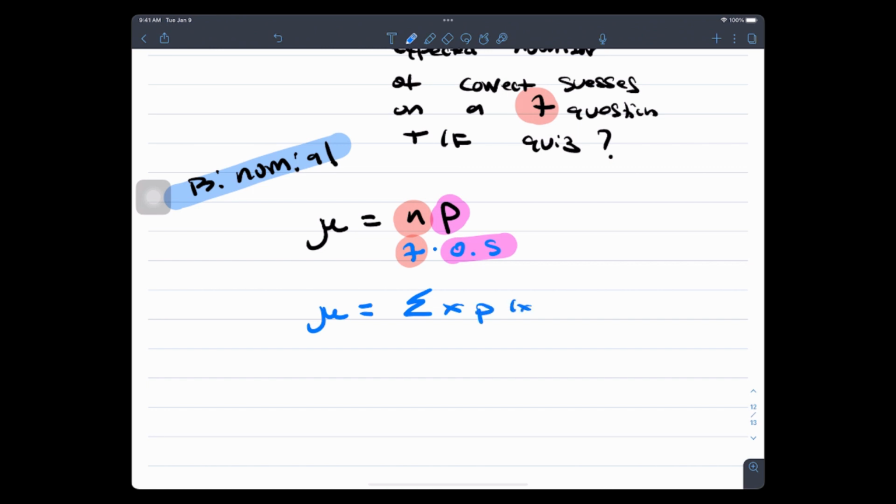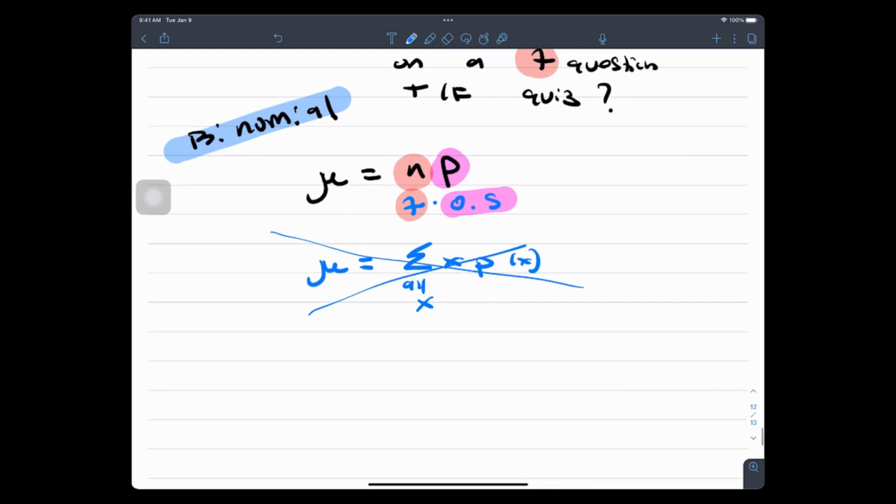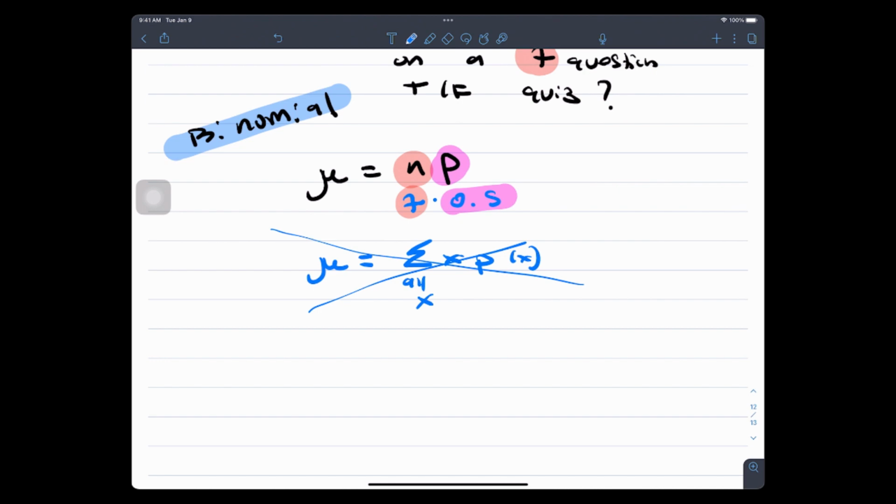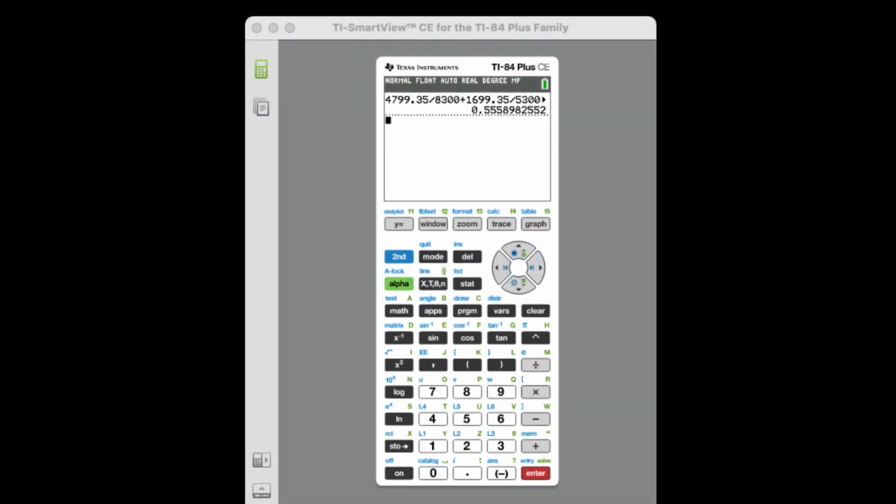The answer is what? No. You don't. I mean, if you could, but I wouldn't do that. That's like crazy. Just take n. It's 7. Just take little p, 0.5. What is 7 times 0.5? That was your question, so we're good. 3.5?